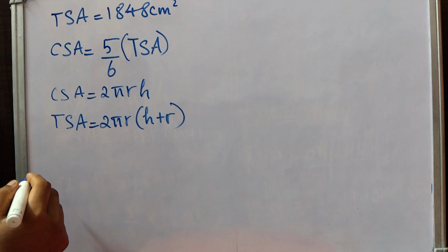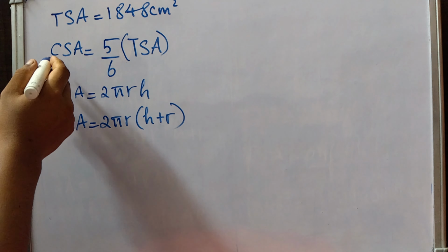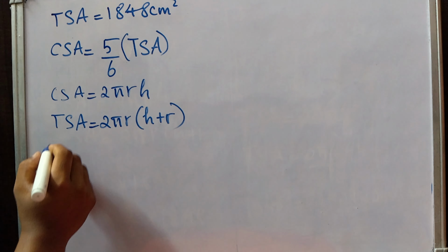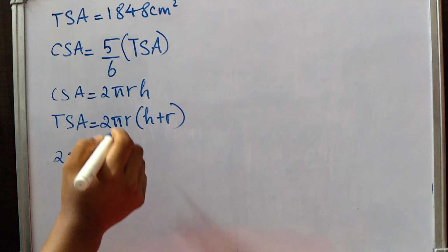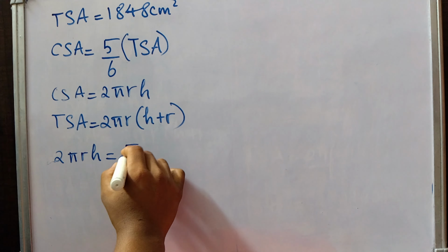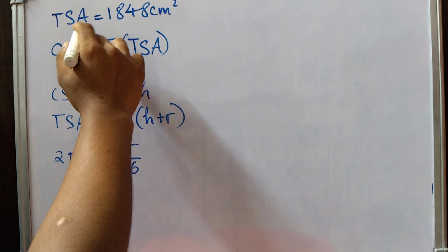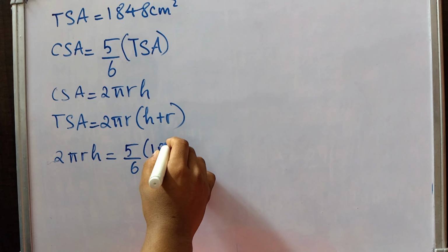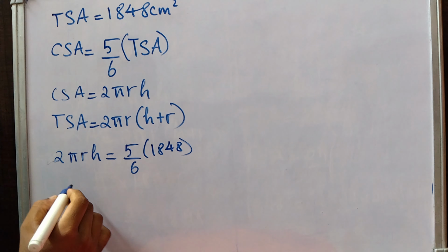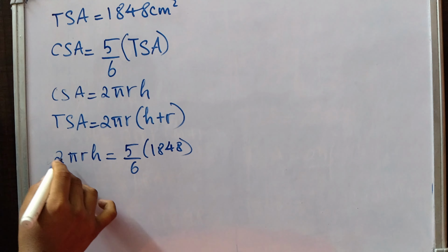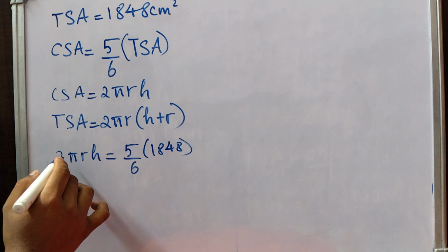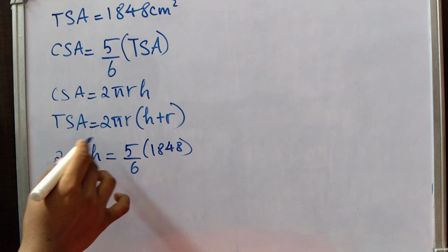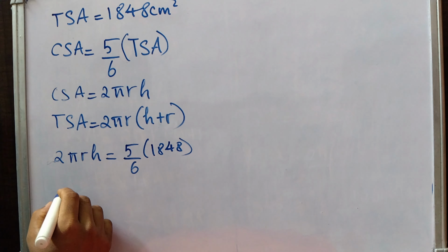So the first condition is CSA is equal to 5/6 of TSA. What is the CSA? We don't know, we have to find that. 2 pi RH is equal to 5/6 into TSA, and the value of TSA is 1848. We can keep R on the left side and take all the other parameters to the right side, so they go to the denominator when they cross the equal to symbol.